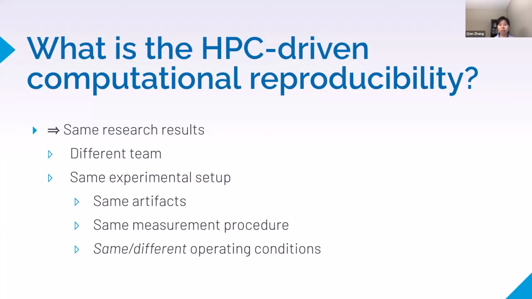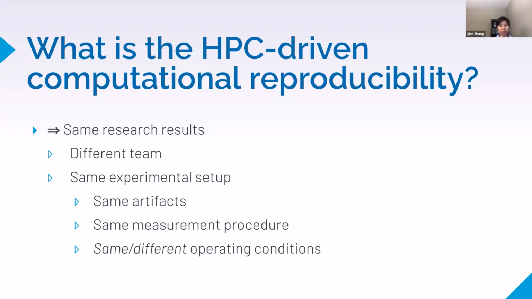Similar to the traditional computational reproducibility introduced by Anna earlier, HPC-driven computational reproducibility is also about obtaining the same computational results or outputs using the original author's own artifacts, but it's usually done by a different team, using the same experimental setup, including the same artifacts, the data, the code, and the same measurement procedures.